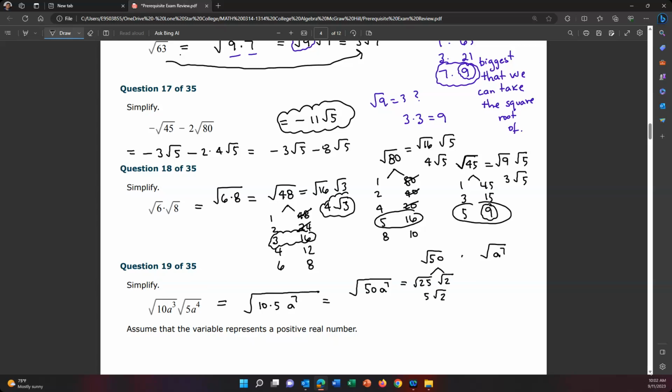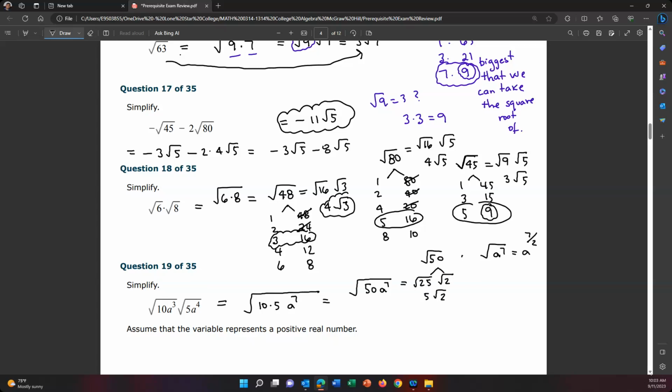Here, what does it actually mean to take the square root of something? In exponents, that means we divide by 2. So this square root becomes a fraction exponent.